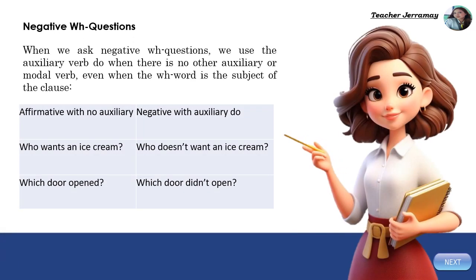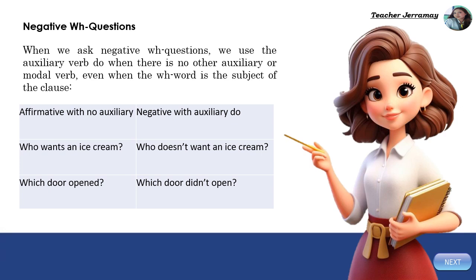Next are the negative WH questions. When we ask negative WH questions, we use the auxiliary verb do when there is no other auxiliary or modal verb, even when the WH word is the subject of the clause. In affirmative with no auxiliary, sentences like who wants an ice cream and which door opened are sentences where we just say who or what did something without using extra words like do or did.